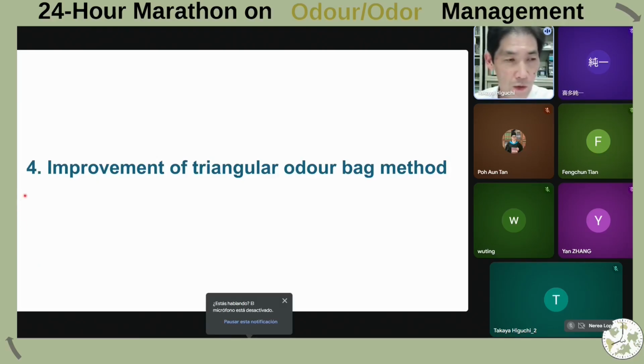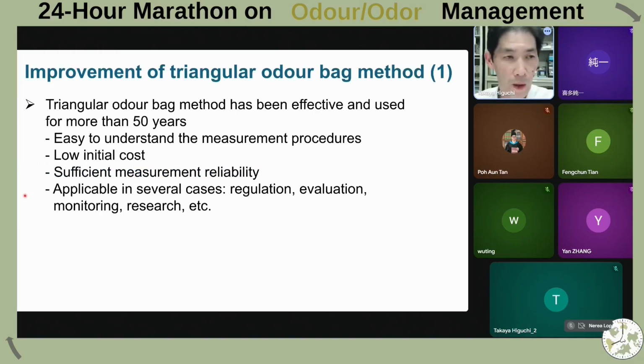And I'll talk about the improvement of the triangular odor bag method. As I have already talked about, the triangular odor bag method has been effective and used for more than 50 years.